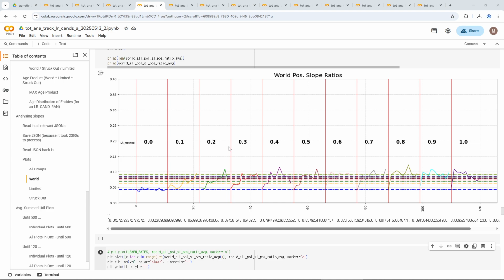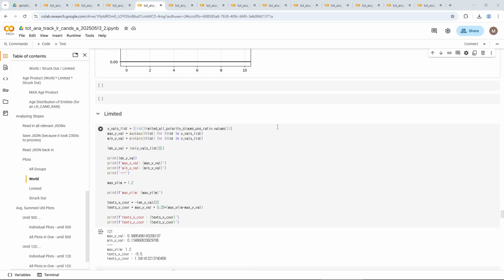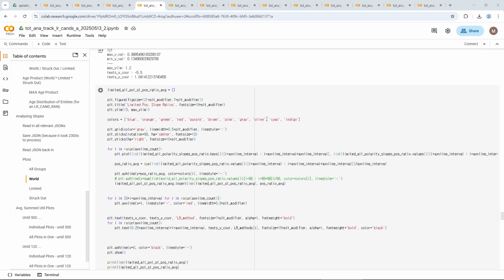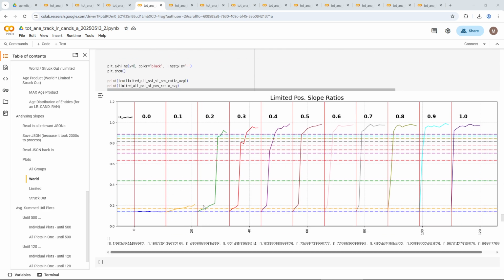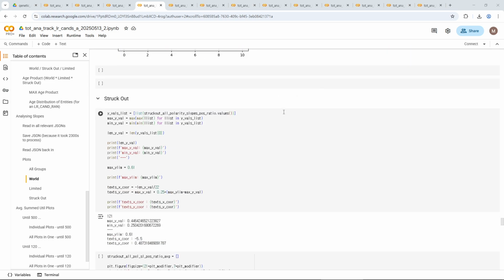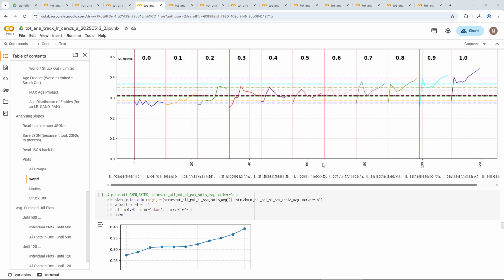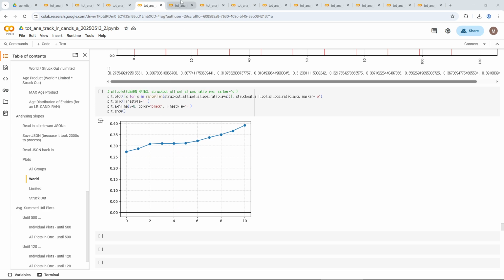However, we do see a gradual increase here as well. And for the limited entities, but this is still, everything is so much inflated. For the struck out entities, slow increase.